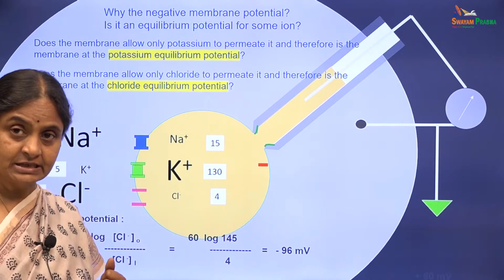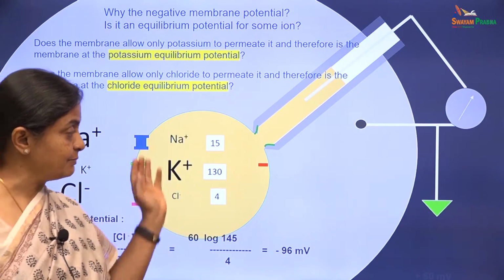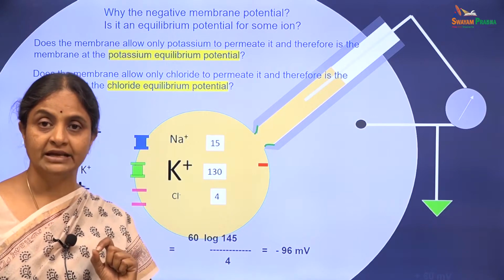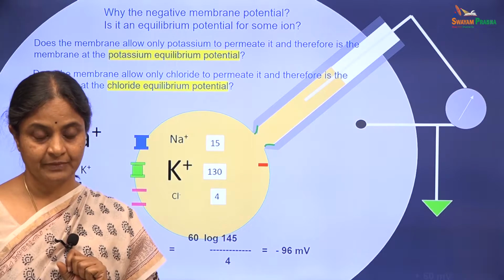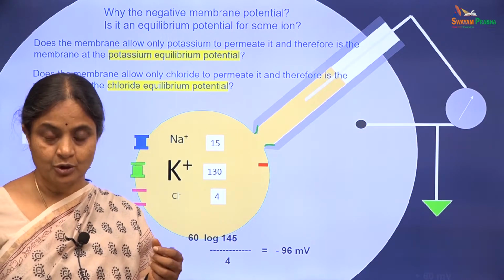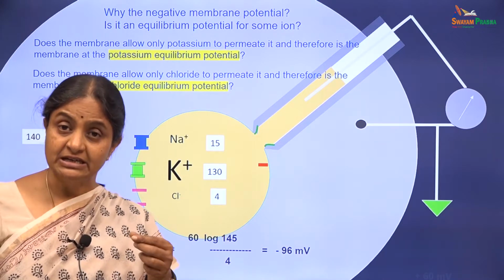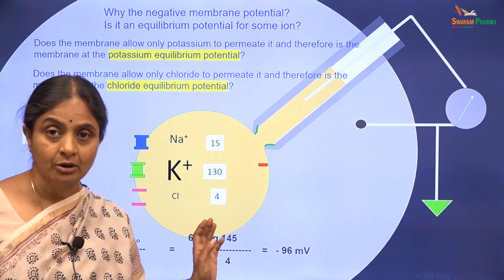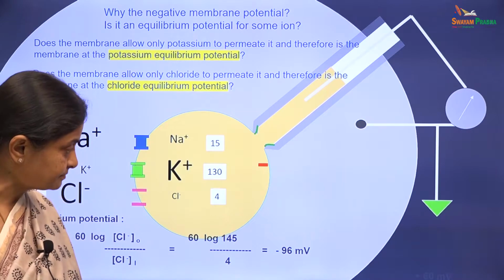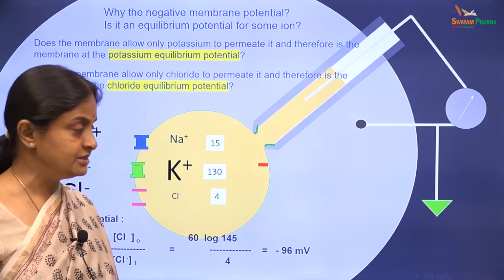So the question is, is the resting membrane potential a chloride equilibrium potential? Now I am going to qualify my statement. Is the resting membrane potential in a nerve cell a chloride equilibrium potential? How can we test this?